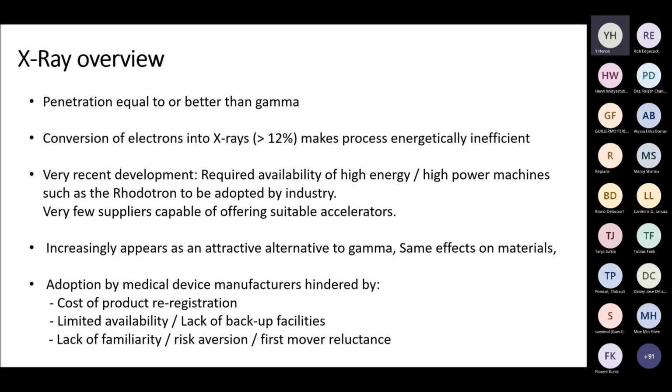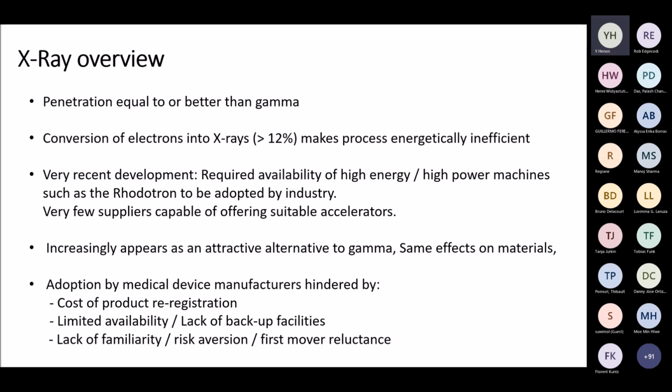So in the case of X-ray, we have penetration that is comparable or even better than gamma. So the conversion, the energy efficiency is a bit problematic. And this is coming of age probably only now because of the availability of machines that have high power and high energy, because the conversion will be improved as the energy of the electron increases.